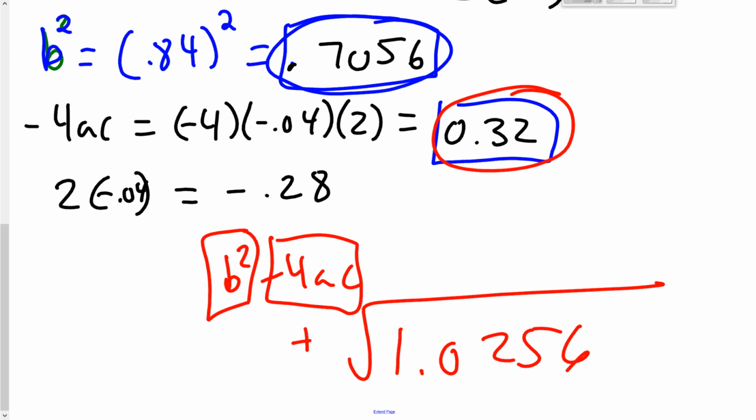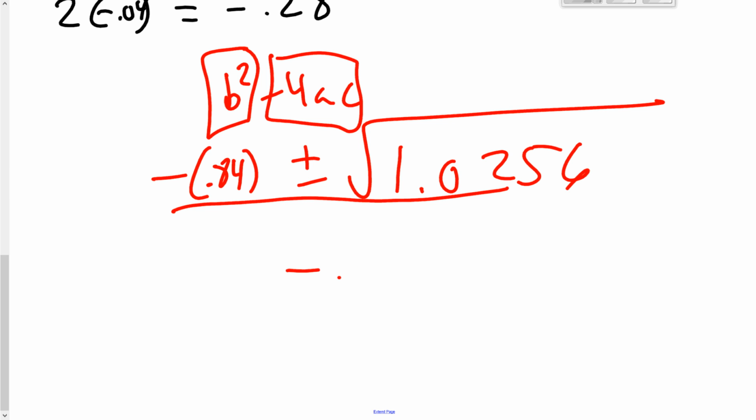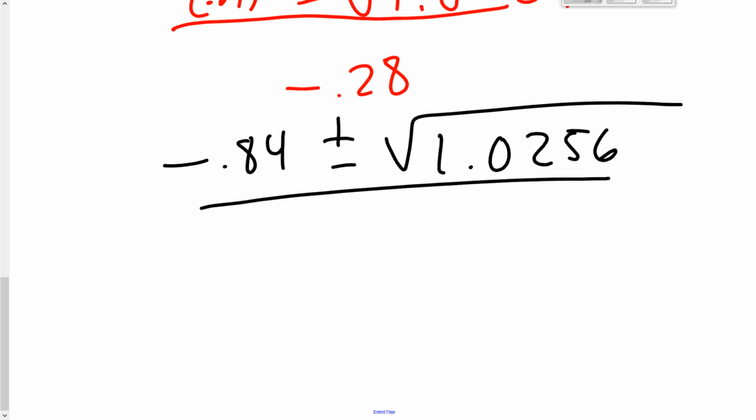Then I have the plus or minus my negative b, which was negative 0.84, and then all over my 2a, which is negative 0.28. Okay, so now a negative b would be a negative 0.84 plus or minus the square root of this 1.0256, all over negative 0.28. So now I'm going to do this in my calculator alone.